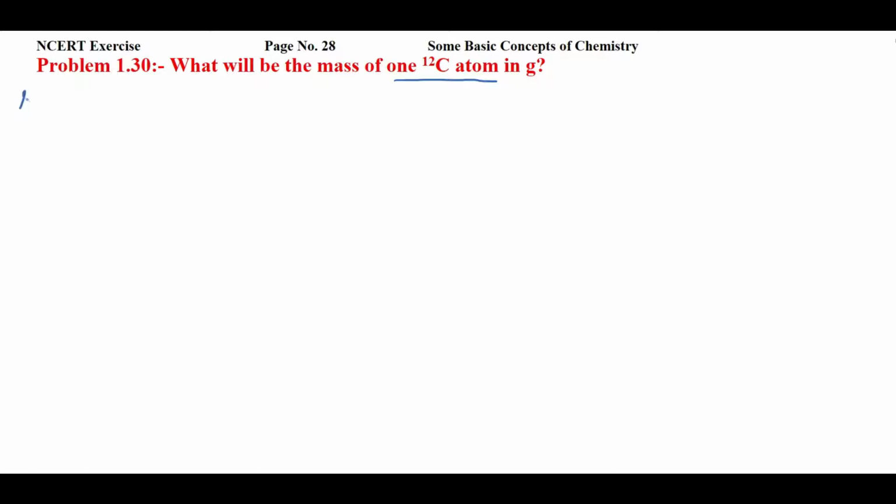In this problem, we'll use a relation between atomic mass and number of moles. I know that 1 mole equals the atomic mass of the element. Here we have carbon-12, so I'll write carbon-12 over here.